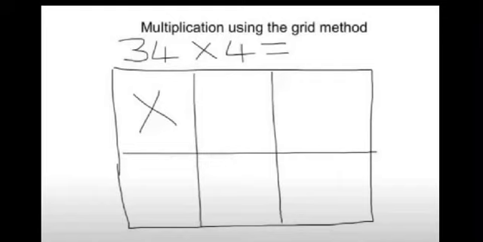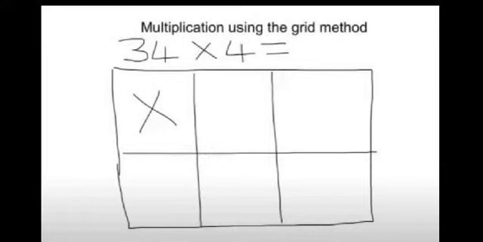First we must partition the two-digit number into its tens and ones. Let's partition 34 into its tens and ones. So learners, what have you written? In 34 there are 3 tens, which gives us 30, and 4 ones, which gives us 4.